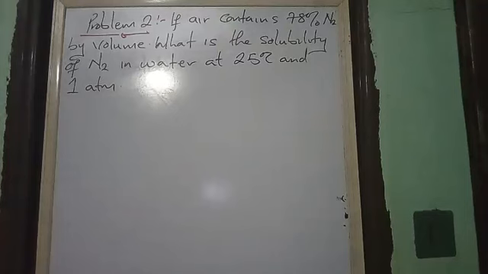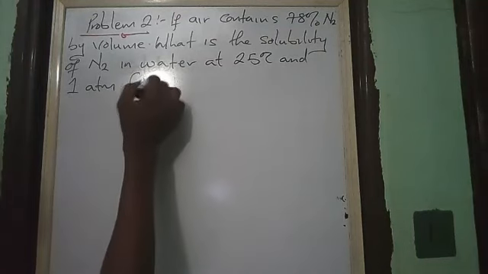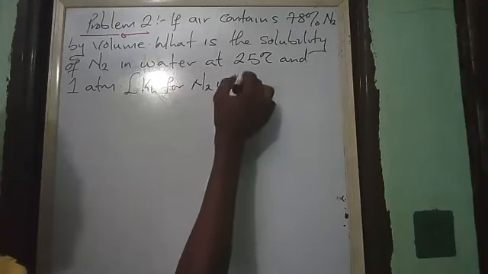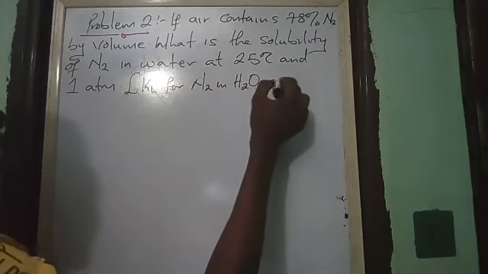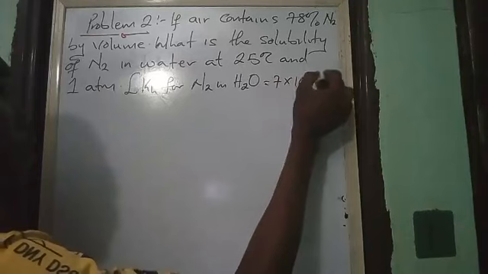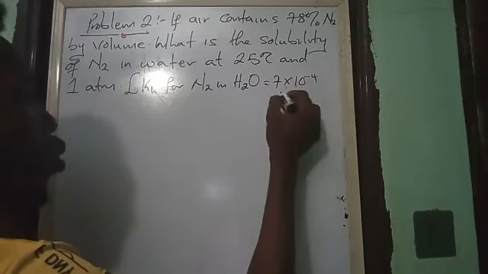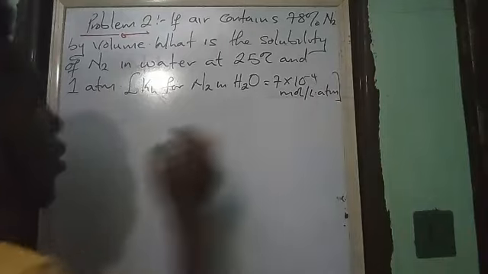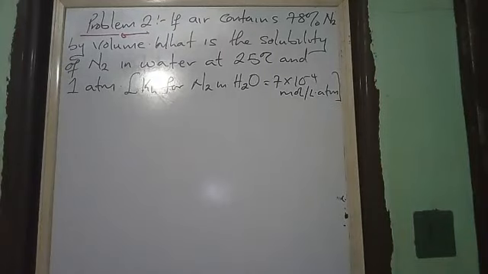So we're given the Henry's constant there. We're told that the KH for N2 in water is equal to 7 times 10 to the power minus 4 mole per liter atmosphere. So that's the problem. Let's solve them together.